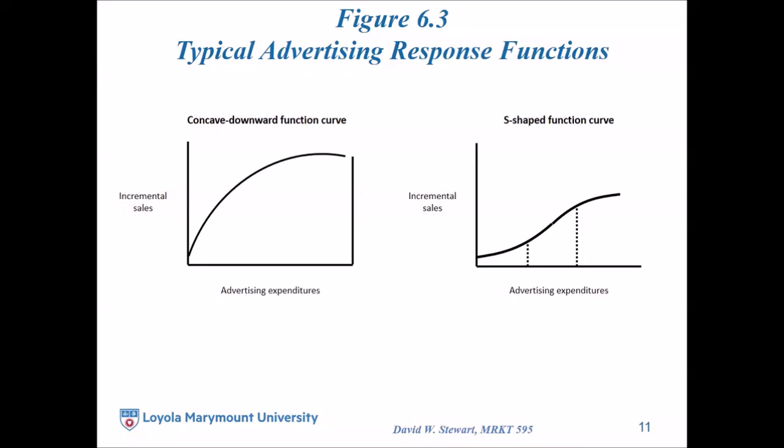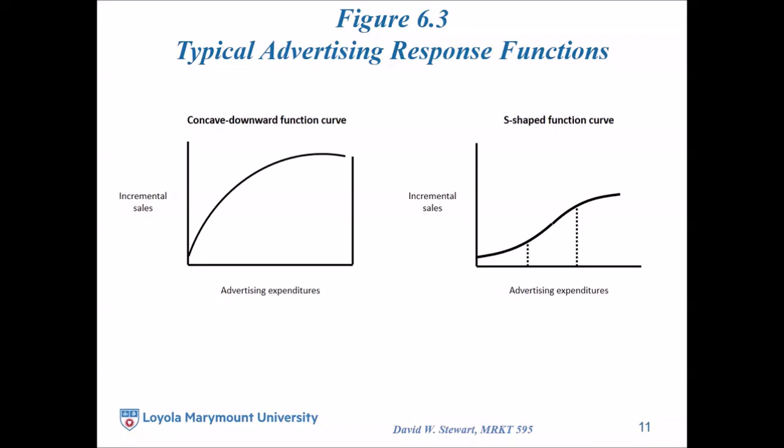More commonly in established markets, what we get is an S-shaped function. There's not much effect to the initial spending, then you get a lot of effect, and then again diminishing returns.